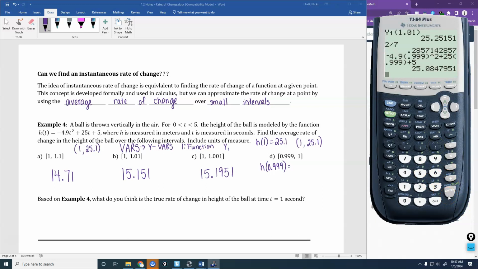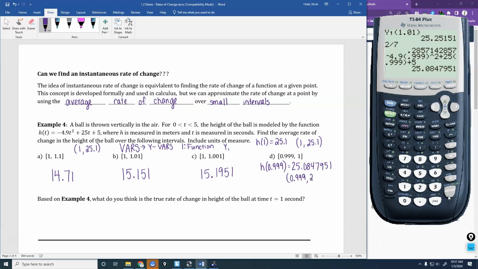And I get 25.084791. And I'm going to keep that whole decimal right now. 25.084791. There.